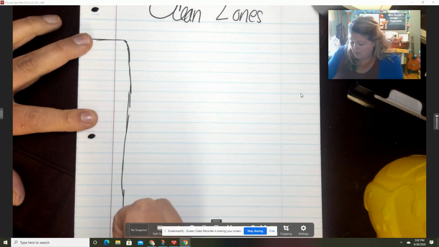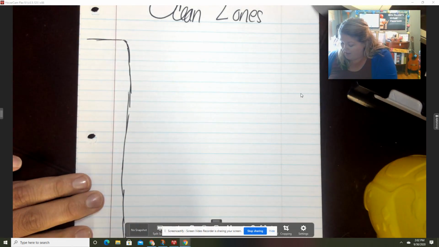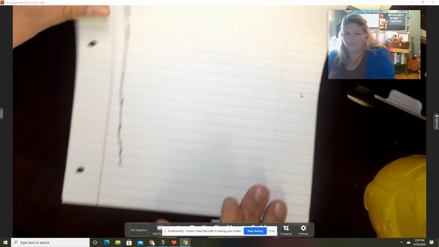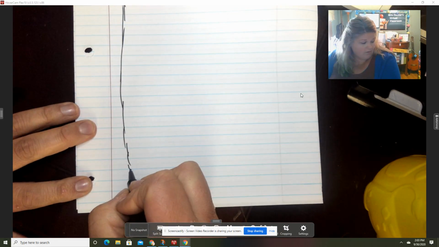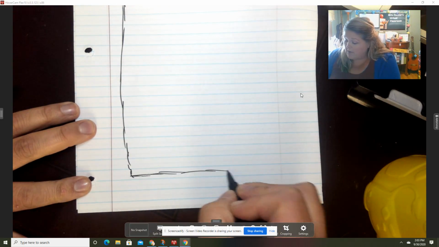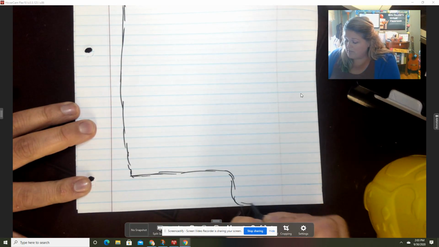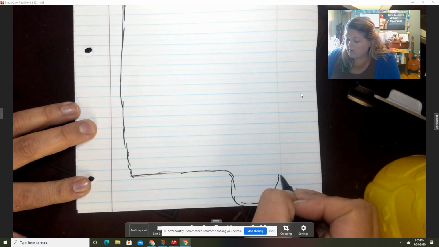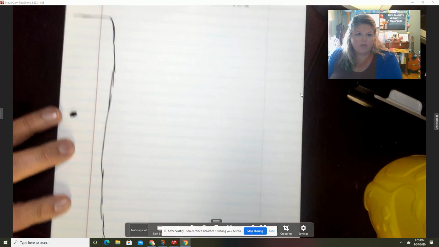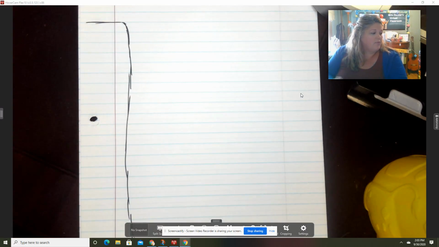Then my continental rise right here, and then the abyssal plain. Then I'm going to have a little trench, and then some more of the abyssal plain.